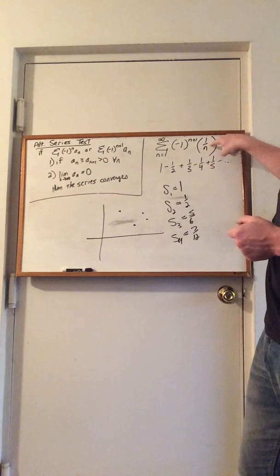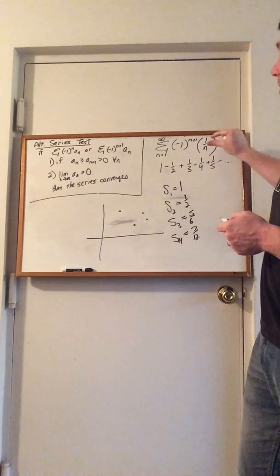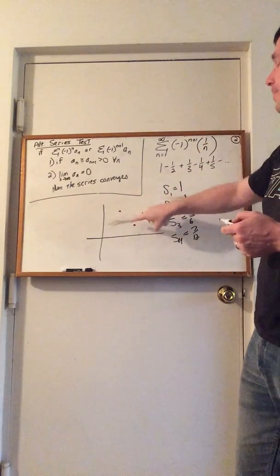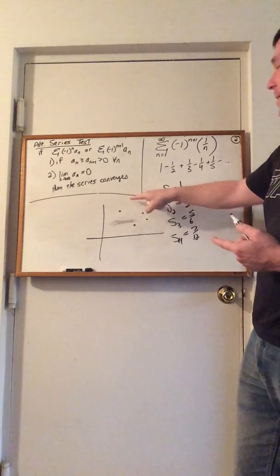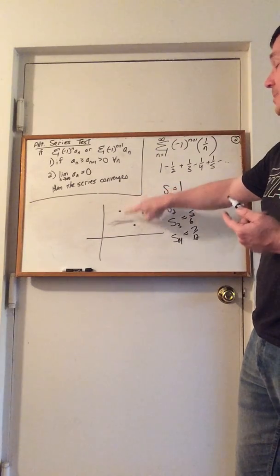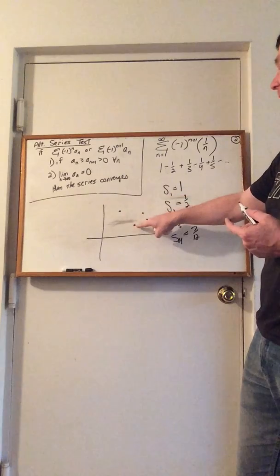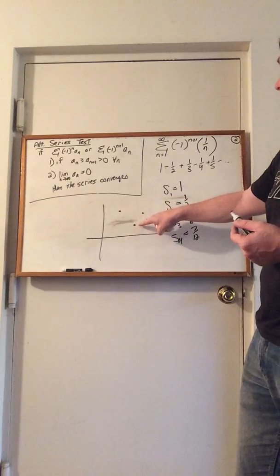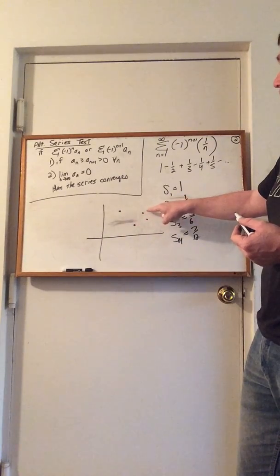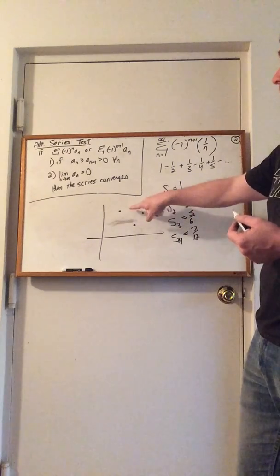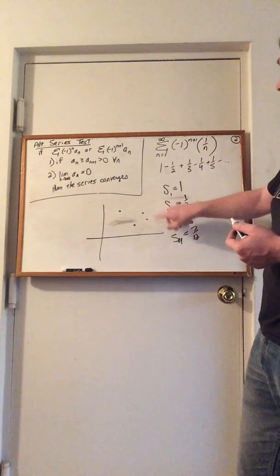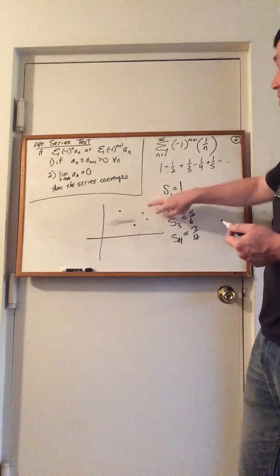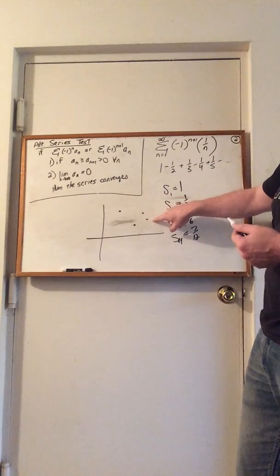But because the terms of this sequence are continually getting smaller, I can never get back where I started. I go up to 1 from 0, and then I subtract a half, so I never get back to 0. Then I add on a third, which is smaller than a half, so I never get back to 1. Then I subtract off a fourth, which is smaller than a third, so I never get back to a half.